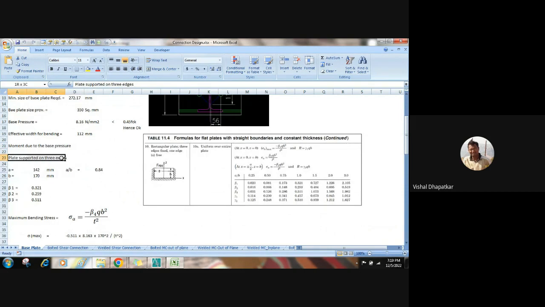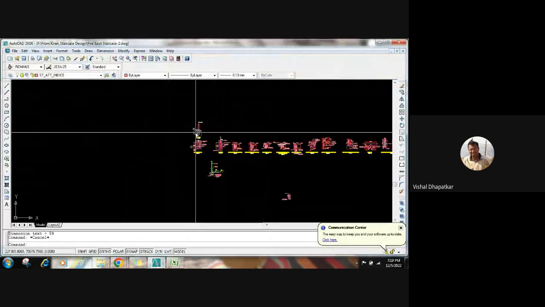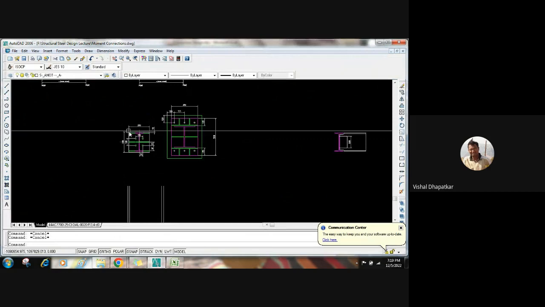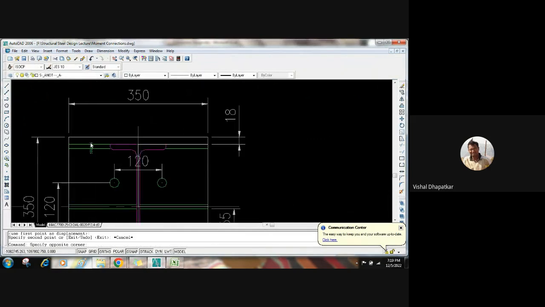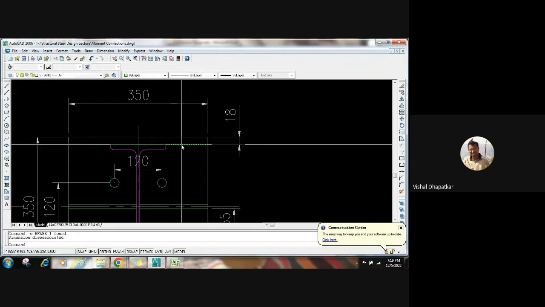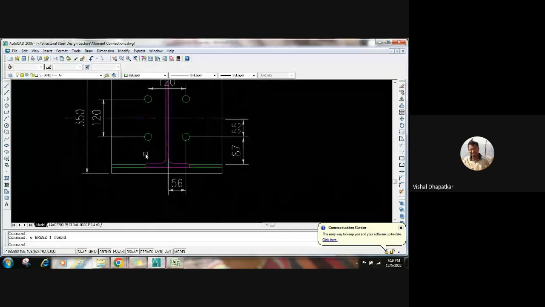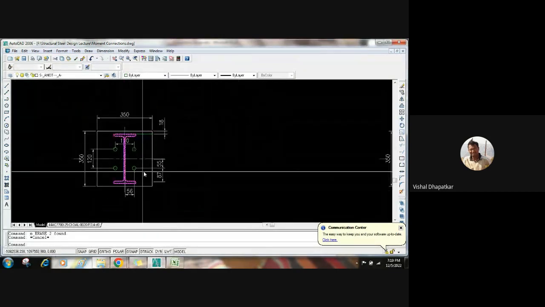Here we have already provided some stiffeners. So three stiffeners are there. You can check without stiffeners also. If there are no stiffeners, the plate will look like this.